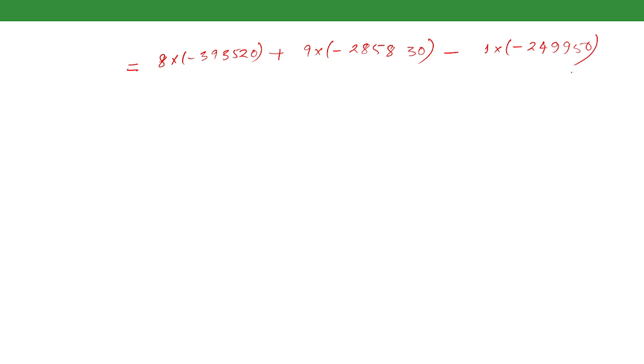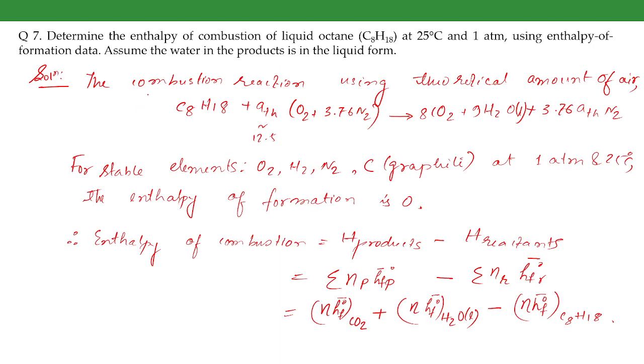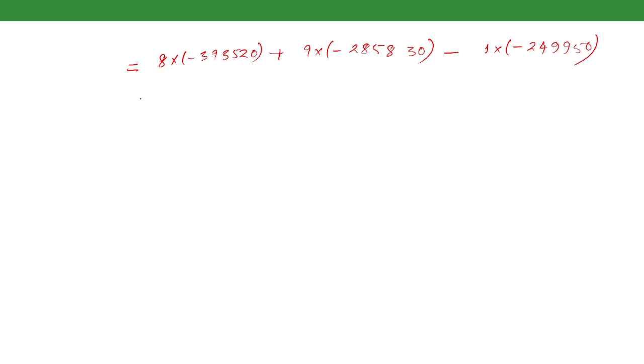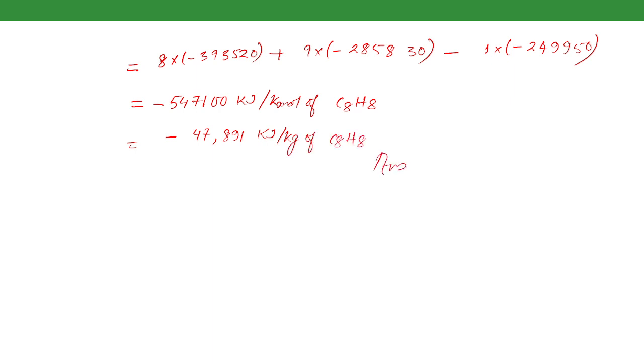These values have been taken from a standard table for the enthalpy of formation of carbon dioxide, liquid water and octane. This comes out to be minus 547,100 kilojoule per kilomole of octane. If we put in the molar mass of octane and divide, this will be 47891 kilojoule per kg of octane. So the enthalpy of combustion of octane is this.